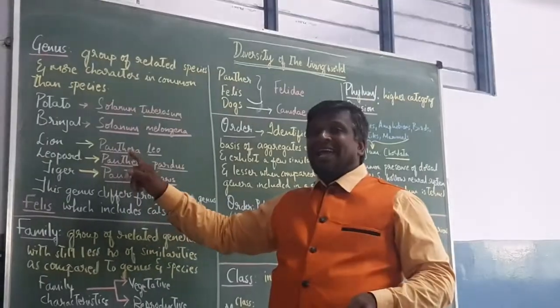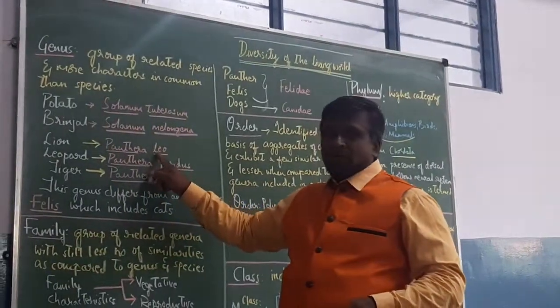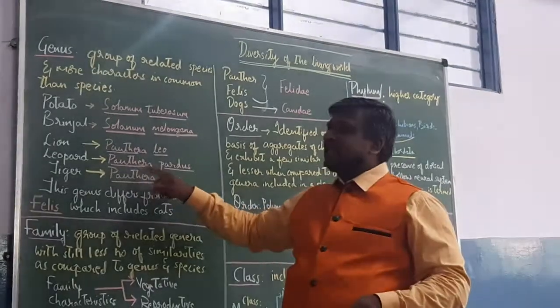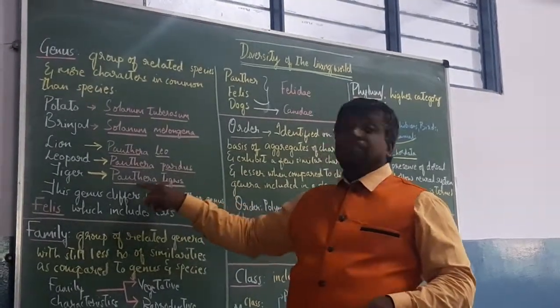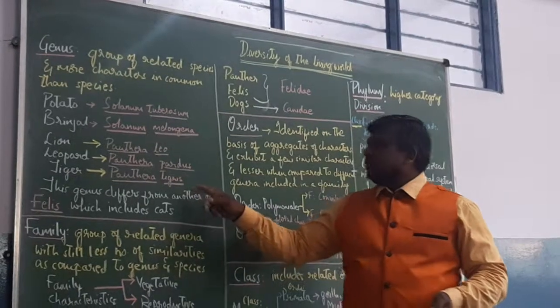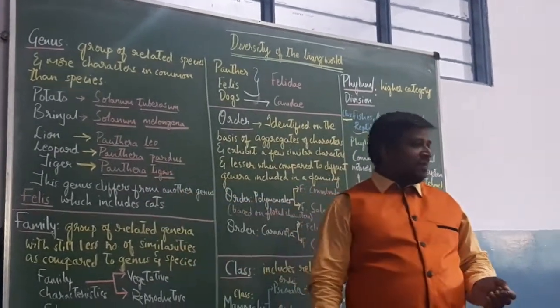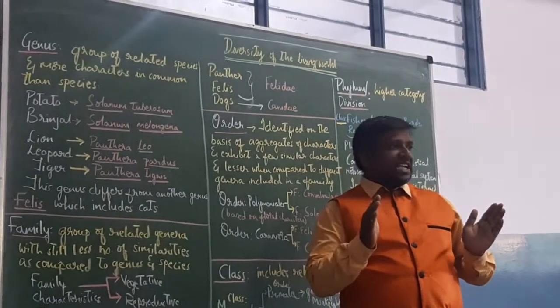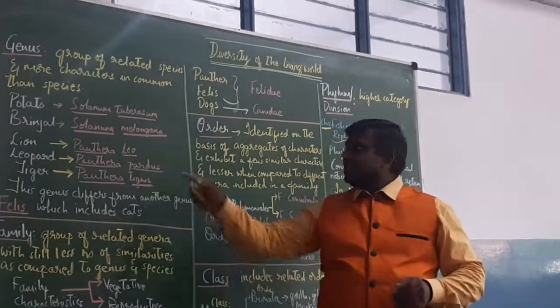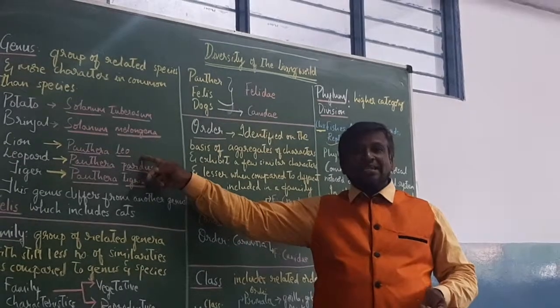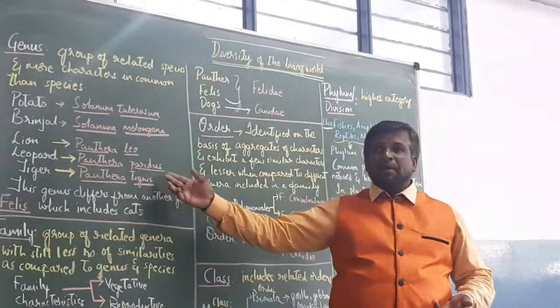Now in animals: lion, Panthera leo; leopard, Panthera pardus; Panthera tigris, tiger. All of them have the generic name Panthera. So when you look into the genus, they have similar characteristics. But when you look into species, lion is completely different from tiger and leopard, isn't it?